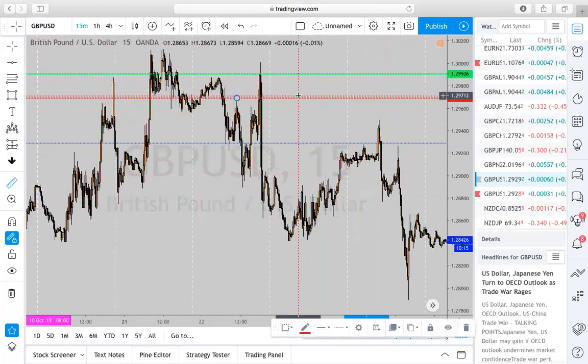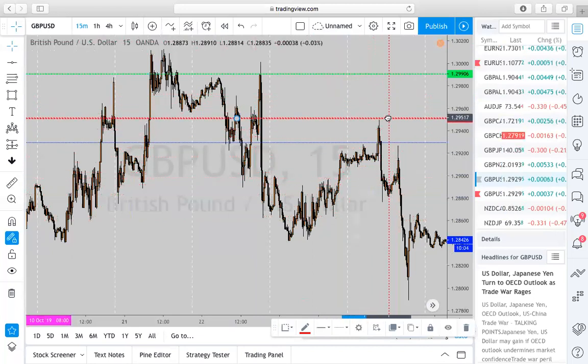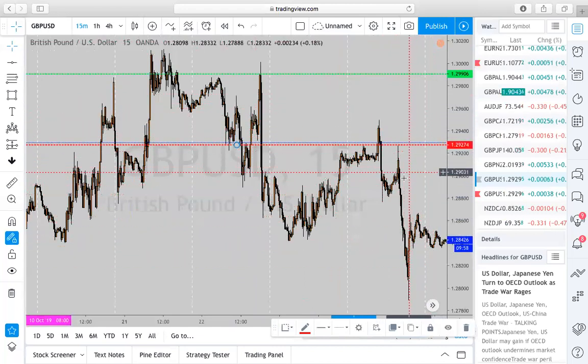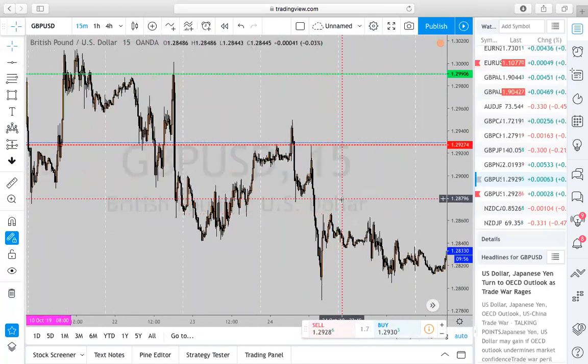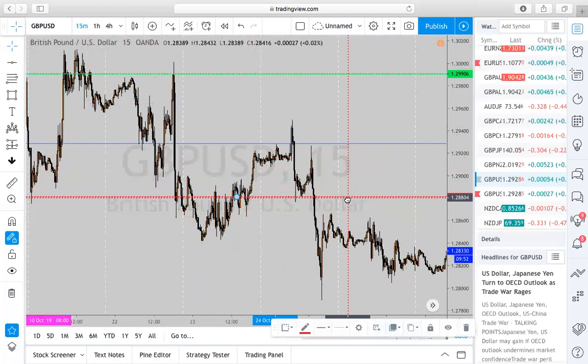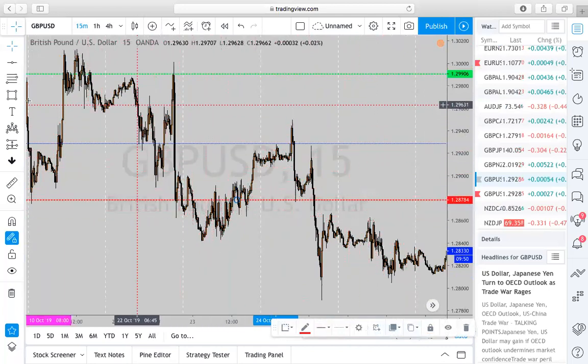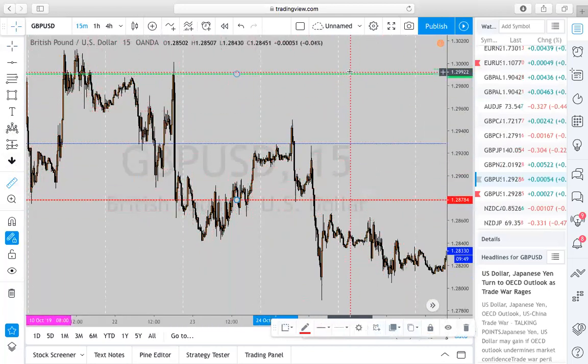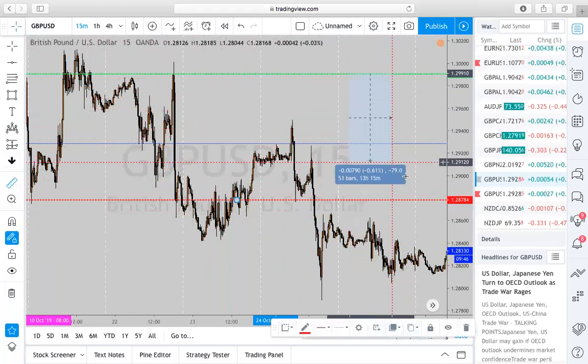Once price came up here and never hit our stop loss, and it continued to drop, we would have moved our stop loss there. It came up, dropped again, move our stop loss here, and so on as it continued to drop further and further. Everything in between is what we're capitalizing on with the trade that we let run.